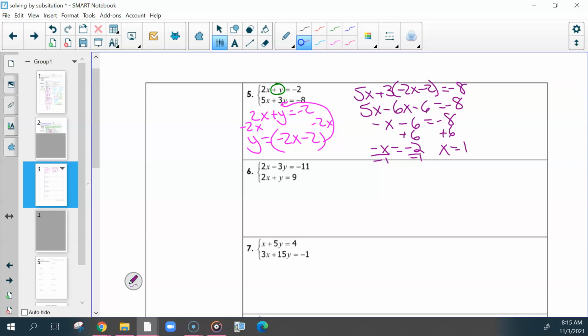You can put this x into one of the original two, or the one you solved. I personally would use the one you solved because your y is by itself. You don't have to solve it again. But any of the three would work.